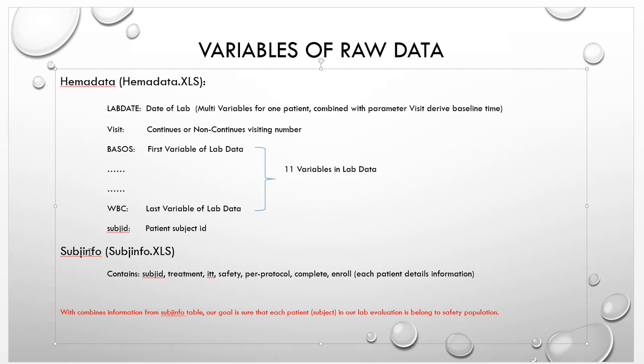We use a subject info data set to restrict some patients. Here, for the hematology lab and shift table study, we want all the patients to belong to the safety population.